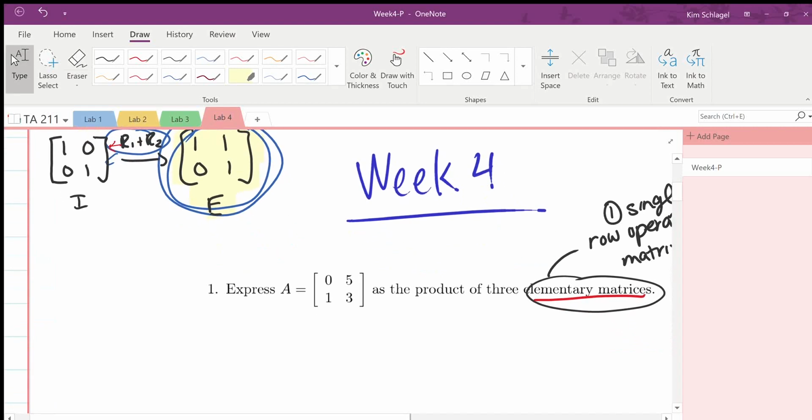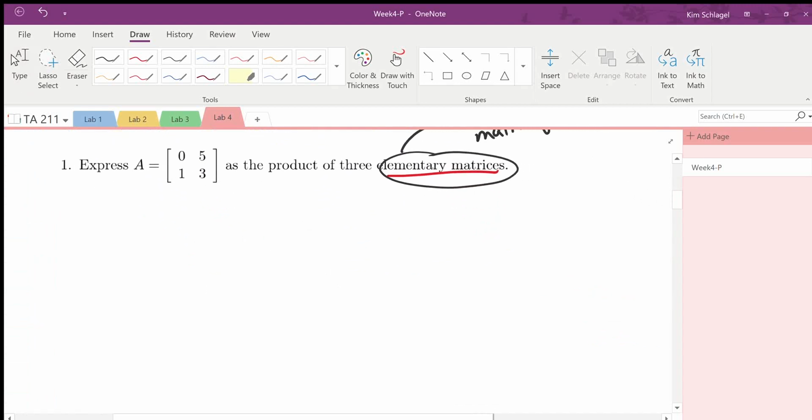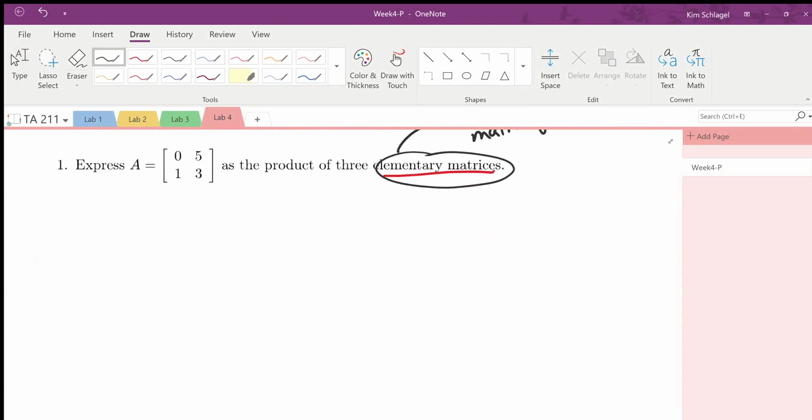Okay, so I hope that makes a little bit of sense. It's kind of strange, but useful, especially for questions like these. This one is asking us, it gives us our A right here, and it's asking us to write A as a product, so that means multiplication, of 3 elementary matrices.